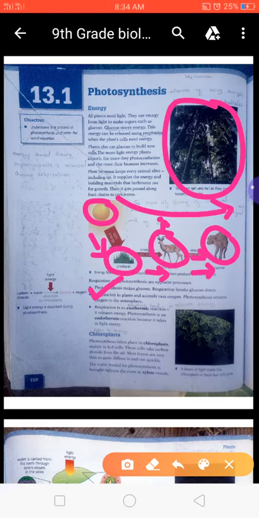The next thing is that cellular respiration is an exothermic reaction in which energy is produced, but photosynthesis is an endothermic reaction in which energy is consumed by the chemical reaction. And the next thing is that cellular respiration takes place in mitochondria, but photosynthesis takes place in chloroplasts of the plant.